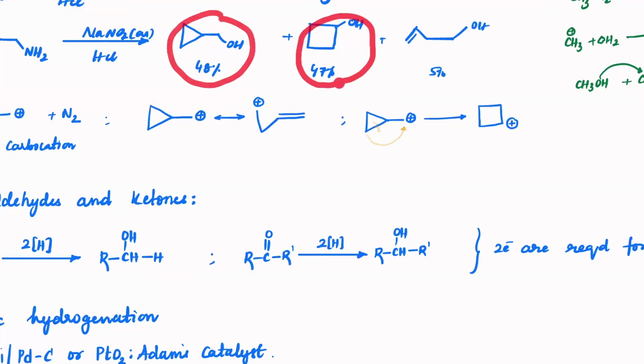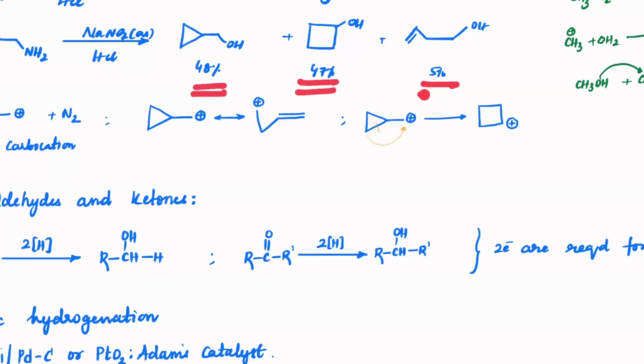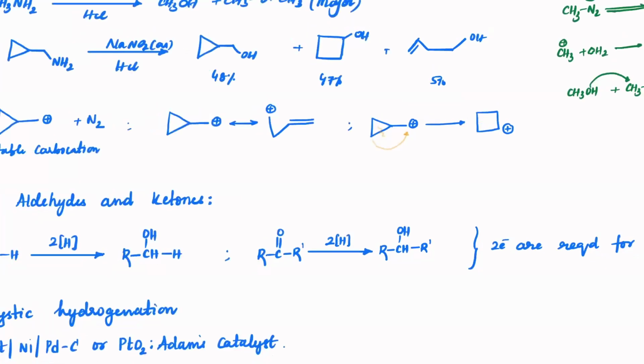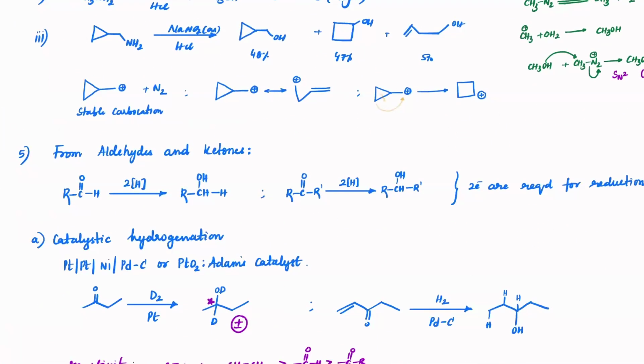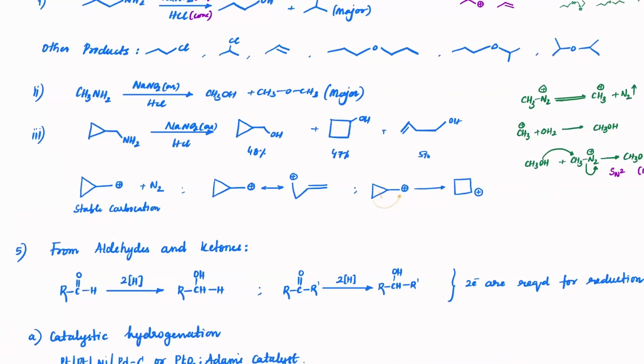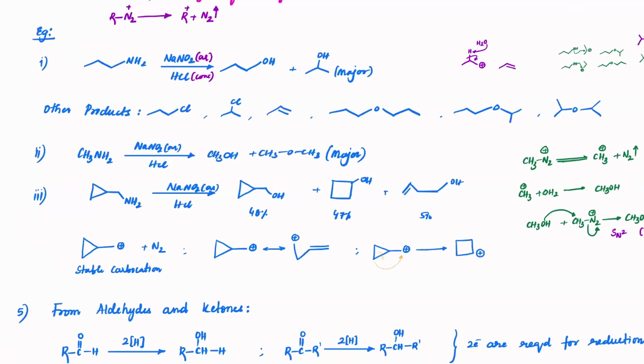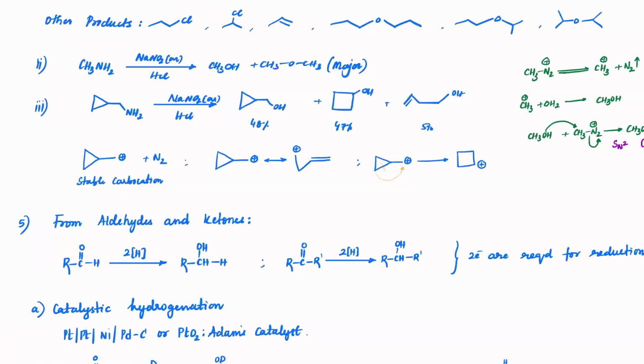Then comes the ring expanded form, and then comes this dancing resonance open chain form. Okay, percentages are mentioned in NCERT, so it's better to remember 48, 47, and 5%. Clear with these products? So this is what you will get from amines.